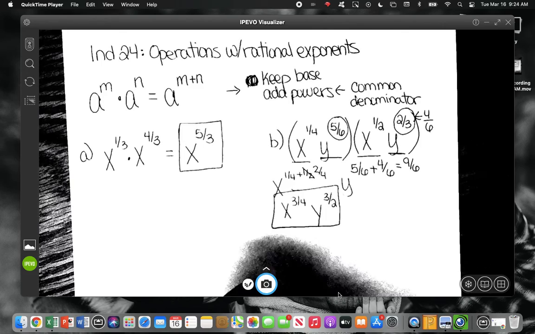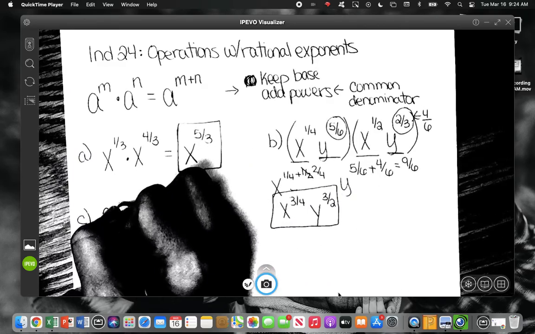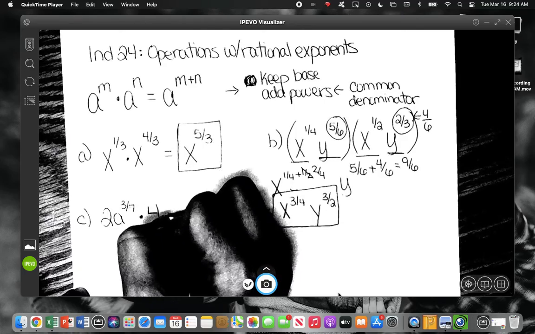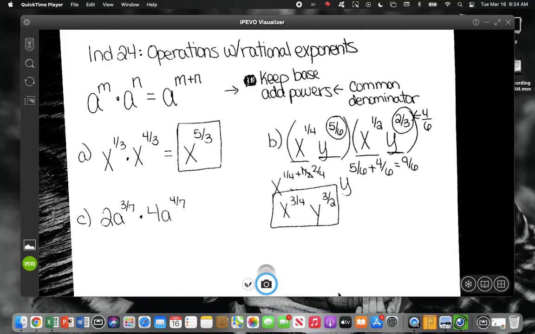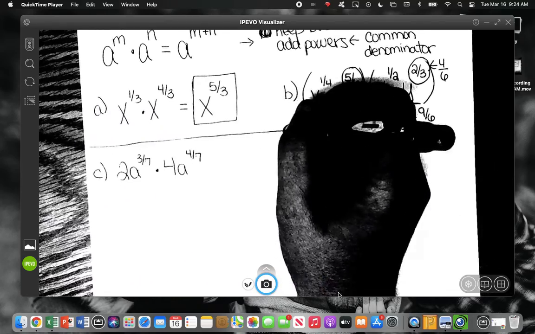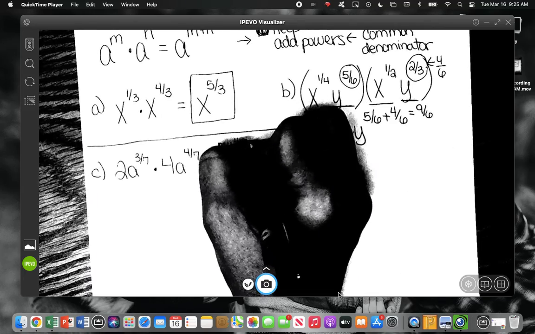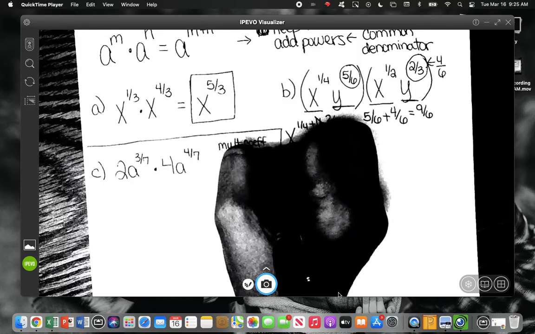All right, now I do have one more like this. I'm going to put coefficients with this. Now, do you remember what we're supposed to do with coefficients? We multiply the coefficients and then we add the powers. So it'd be 8 to the power.